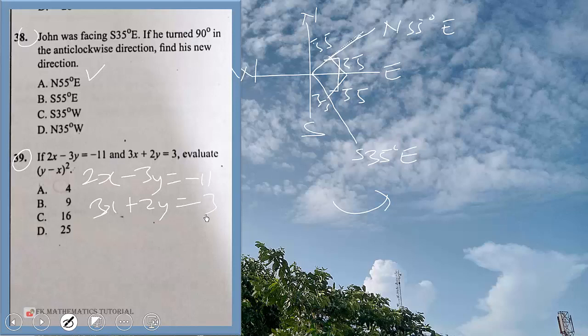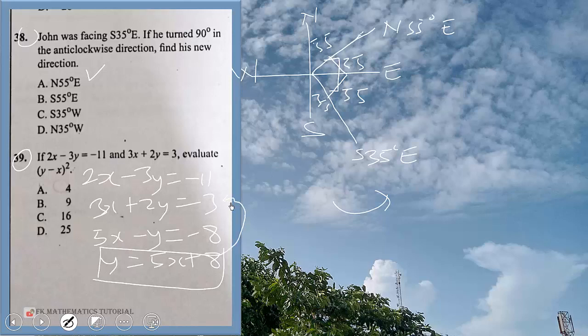When we add these two equations, we will get 5x minus y is equal to negative 8. So y will be equal to 5x plus 8. Now I'm going to put this equation inside this equation.